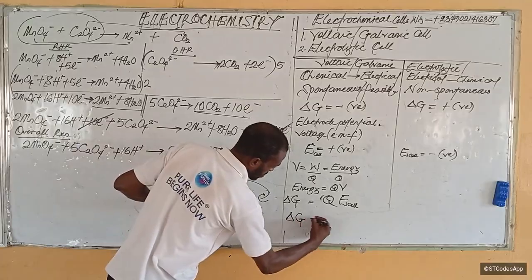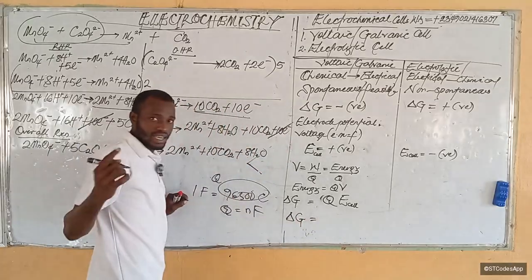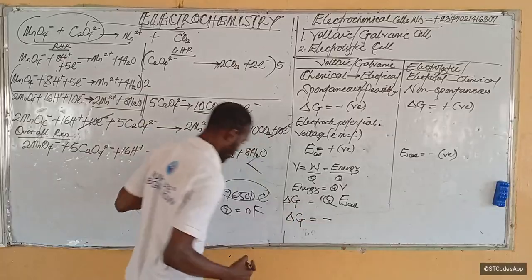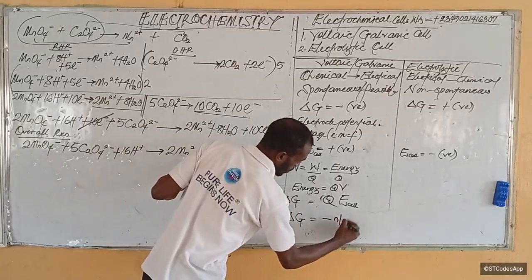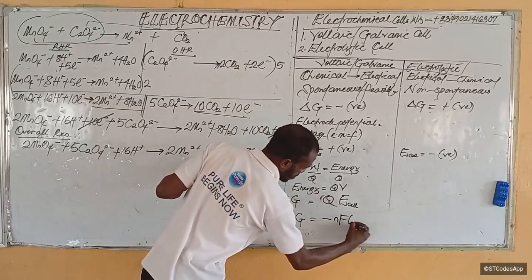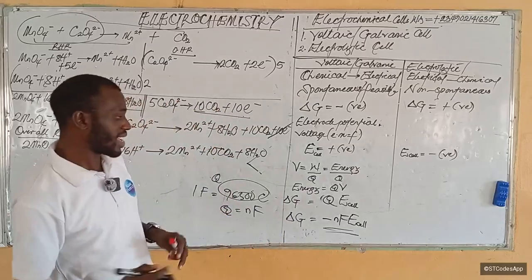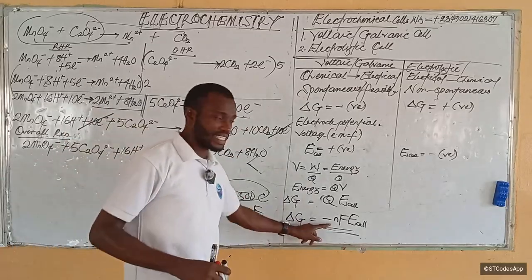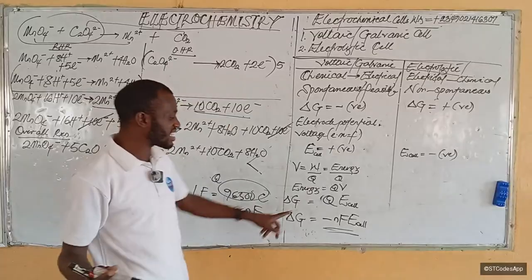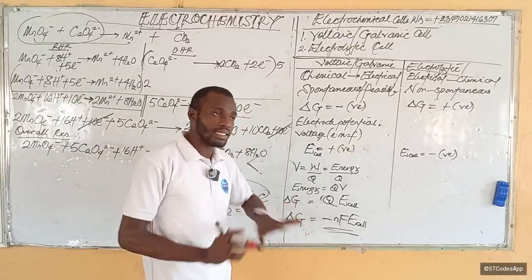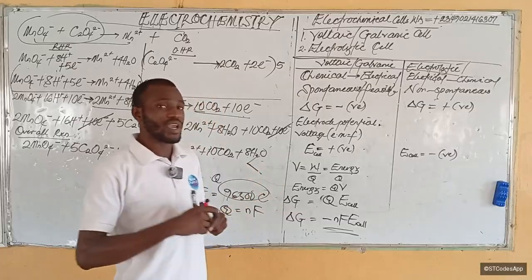So the change in free energy is actually equal to, now, there is a caveat to this. We usually add a negative sign, and I'll tell you the reason. So that is negative NF times E cell. That's how the formula is derived. Now here is the case. In measuring E cell, there is an orientation, there is a way it is done.